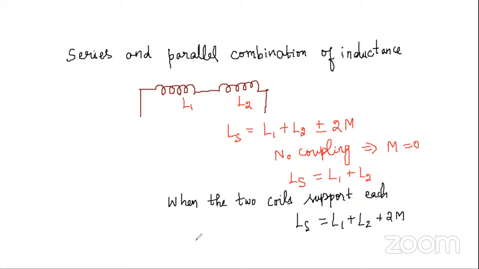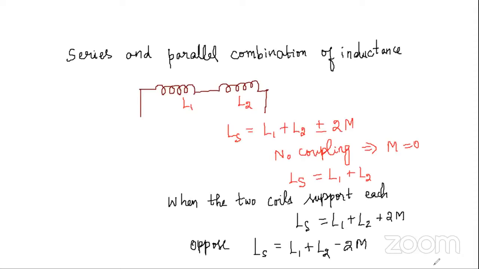When the two coils oppose each other, then you will be having Ls equal to L1 plus L2 minus 2M. Okay. This is the expression in case of series combination.